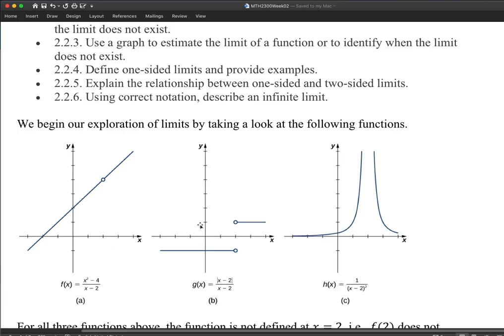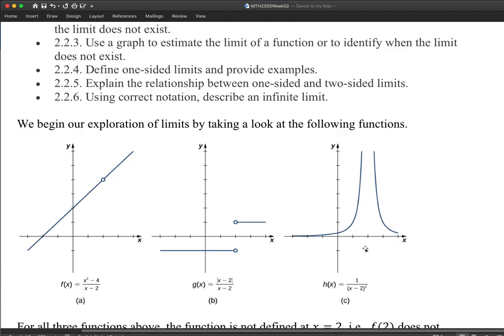And in the second case, we do have two one-sided limits. But overall, there's not a single limit. The limit does not exist at x equals 2. And the third case is maybe more complicated because there's infinity involved. Infinity simply denotes the situation where the numbers are getting bigger and bigger.